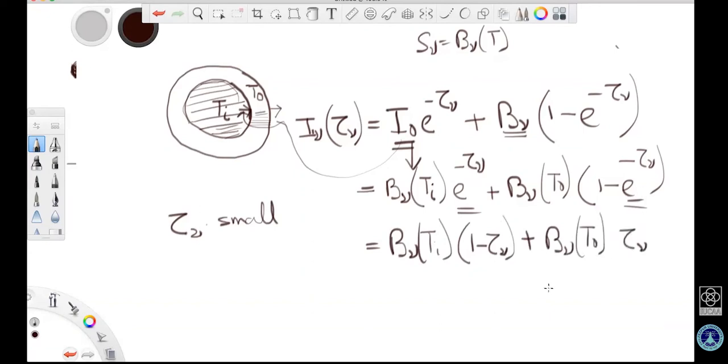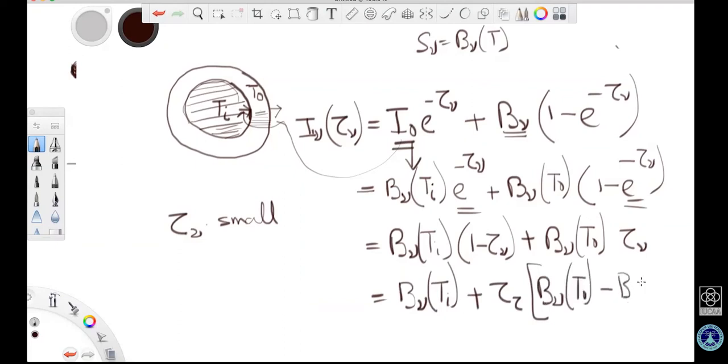I'm going to gather two terms and keep this separate, and this is important. Look at this. I have just rearranged this term. What does it tell?